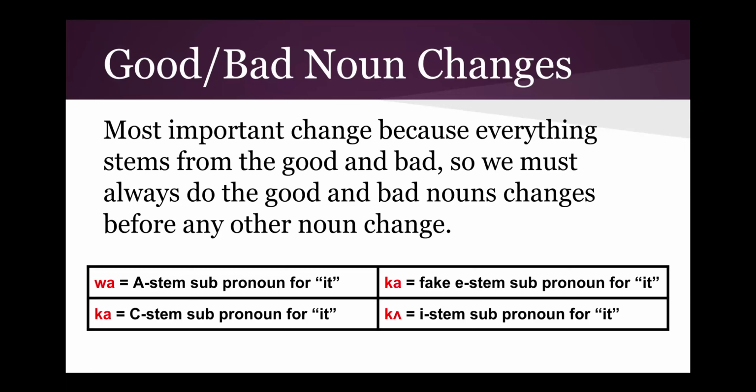And so right here on this slide are 4 examples of the it pronoun for various stems that we could work with. So we worked with the wa and the ga for an A stem and a C stem. And then we have the ga is also used for the fake E stem. And a gun is the it pronoun for an I stem.